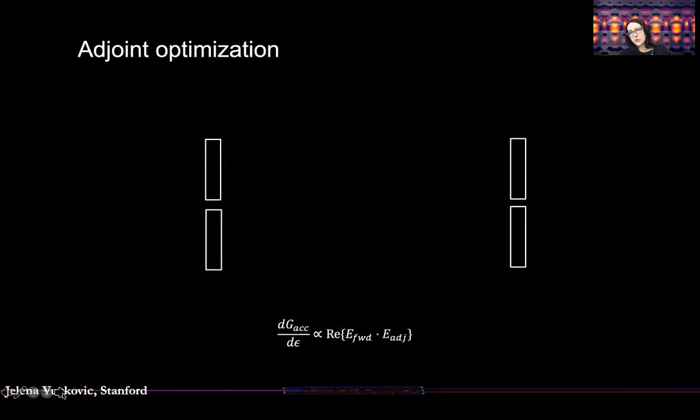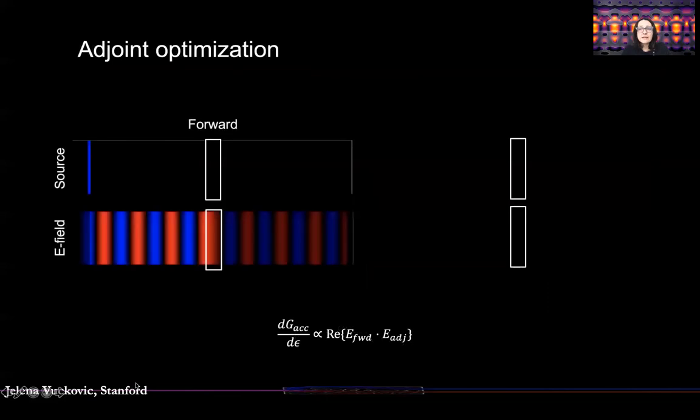Instead, we use adjoint optimization. Adjoint optimization is a clever trick which allows you to calculate these gradients, the derivatives of whatever you are optimizing, in this case the acceleration gradient for the particle, relative to the dielectric constant from just two simulations. That gives you the derivatives everywhere in space.